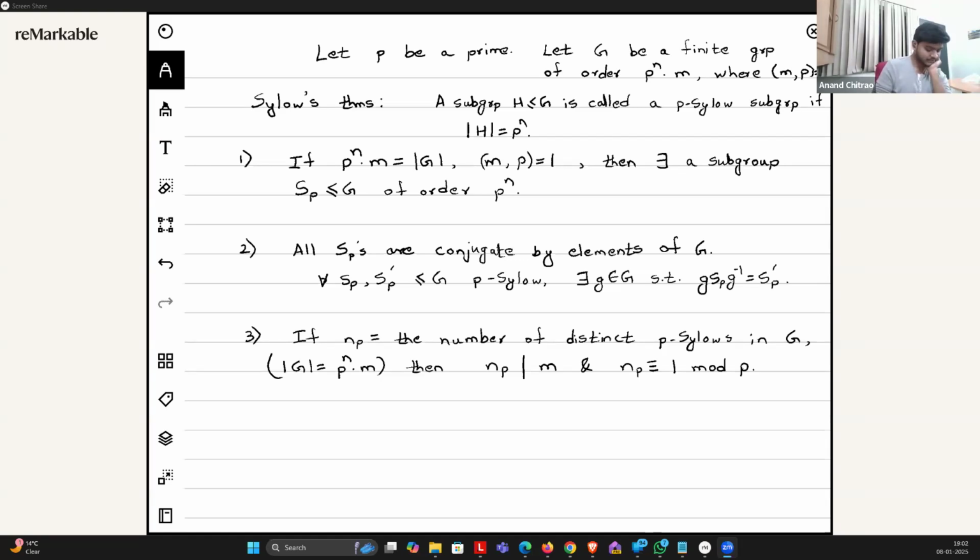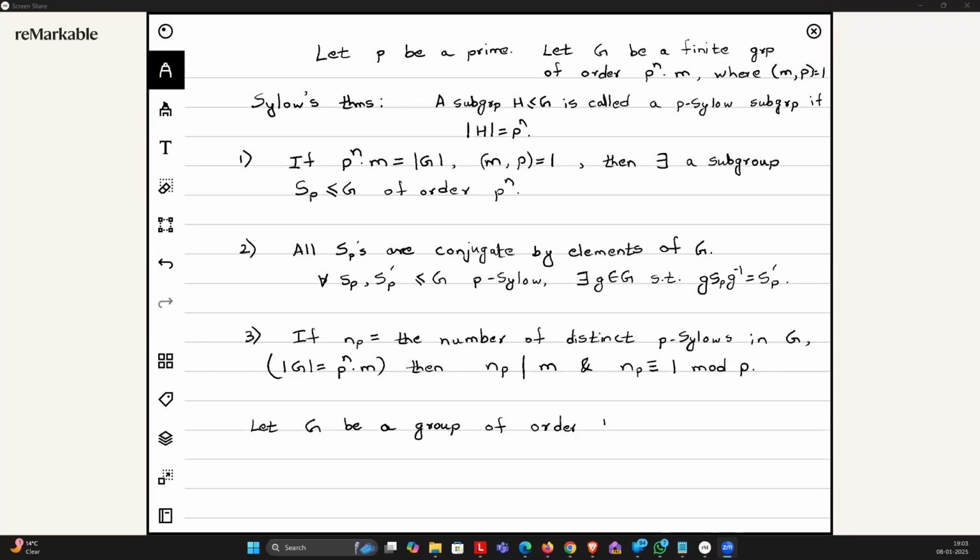So one instance where all three theorems are used is, if you start with a group of order 10, G be a group of order. Excuse me, sir. Yeah. Sir, can you please let us know what is the basic meaning of conjugate?